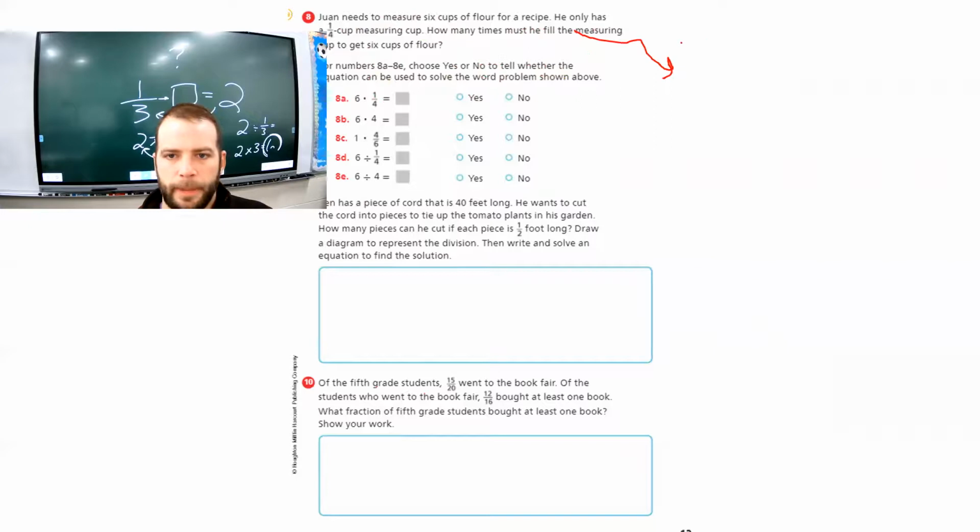So Juan needs to measure 6 cups of flour for a recipe. He only has a 1/4 of a cup. So basically, how many, I'll put a box, times a 1/4 equals 6, right? Because we need 6. We only have a 1/4. We want to figure out how many of the fourths we need for 6.